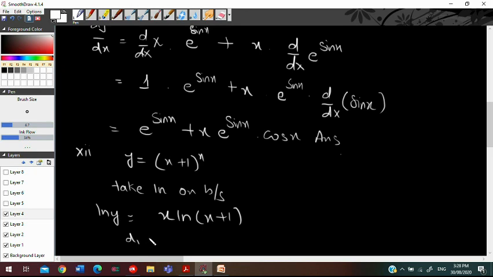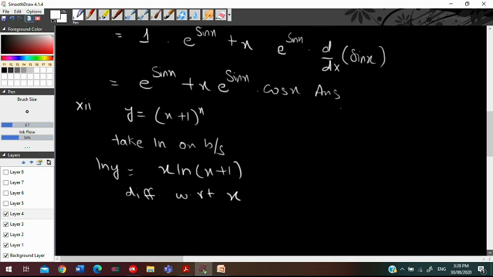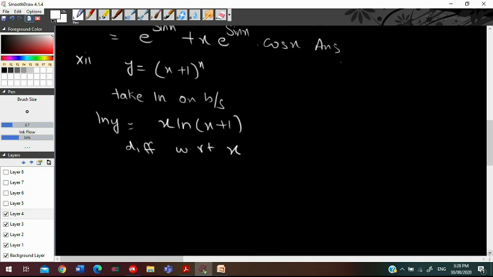Now differentiate both sides with respect to x. Now you know that for log of y, the derivative of the log function is 1 by y, then dy by dx, and again it's the product of two functions.